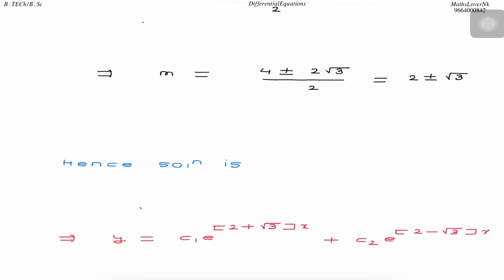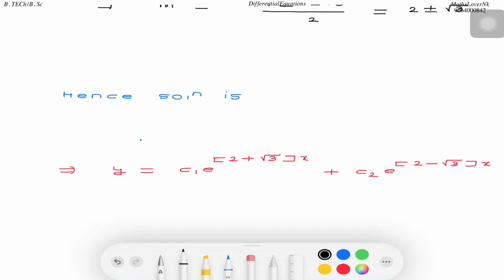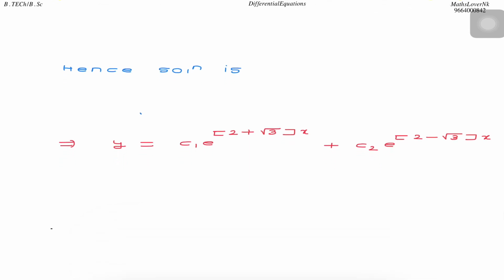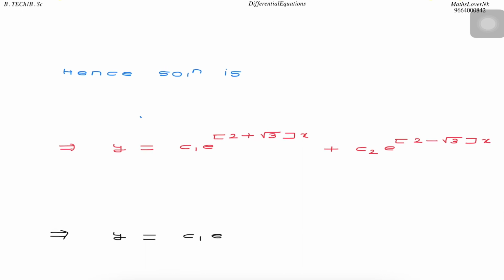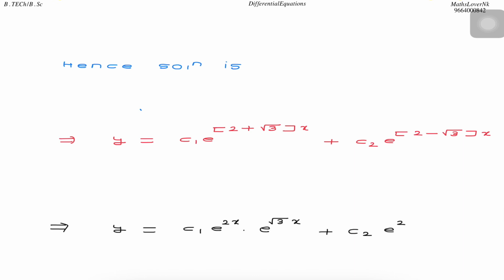When we simplify, we get y is equal to c1 e the power 2x into e the power root 3x plus c2 e the power 2x into e the power minus root 3x.